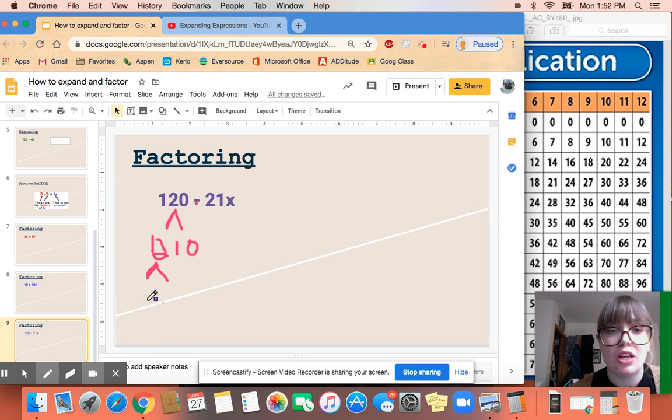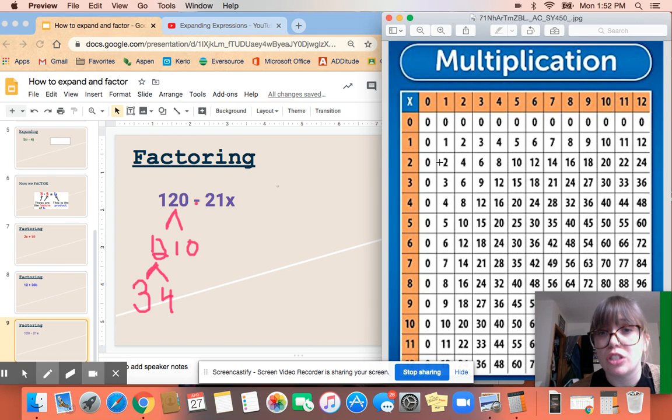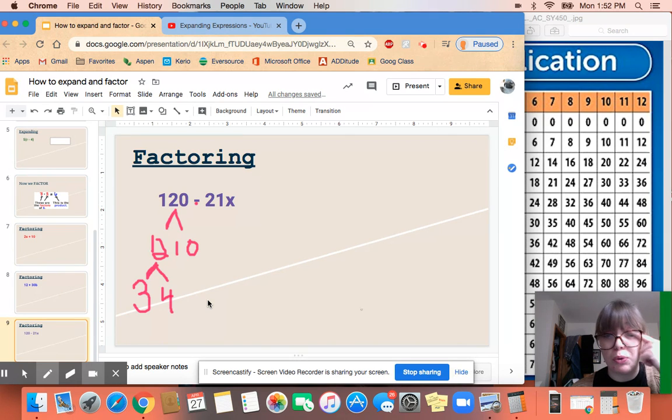12, what numbers can be multiplied to make 12? 3 and 4. And if you're not sure, just search your multiplication chart. I could have also used 2 and 6, but watch, you'll notice something cool.